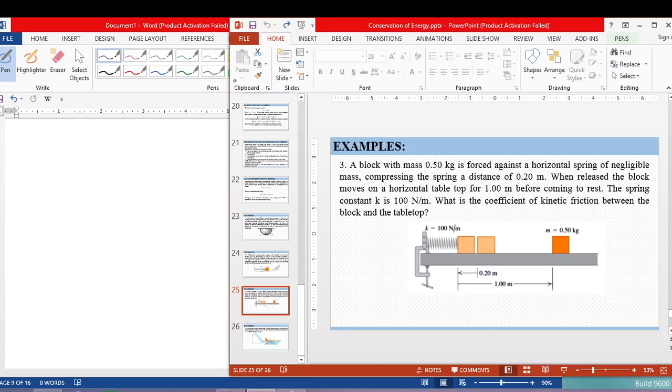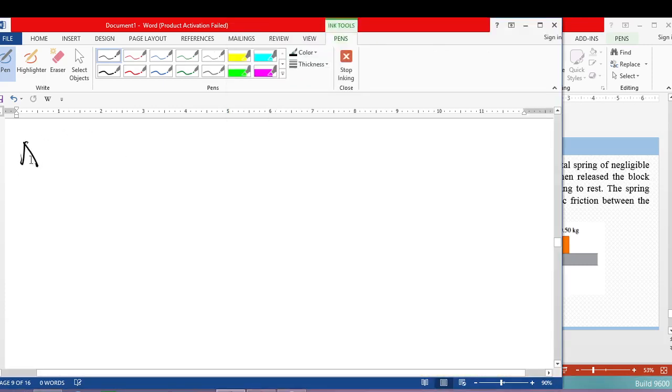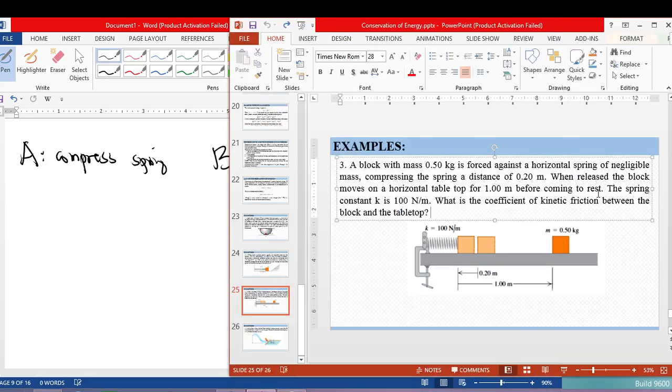That is our event A. Then our event B is when released, the block moves on a horizontal tabletop for 1 meter before coming to rest. Okay, so we get confused whether point B is when it is moving or when it has come to rest. So look at the problem.